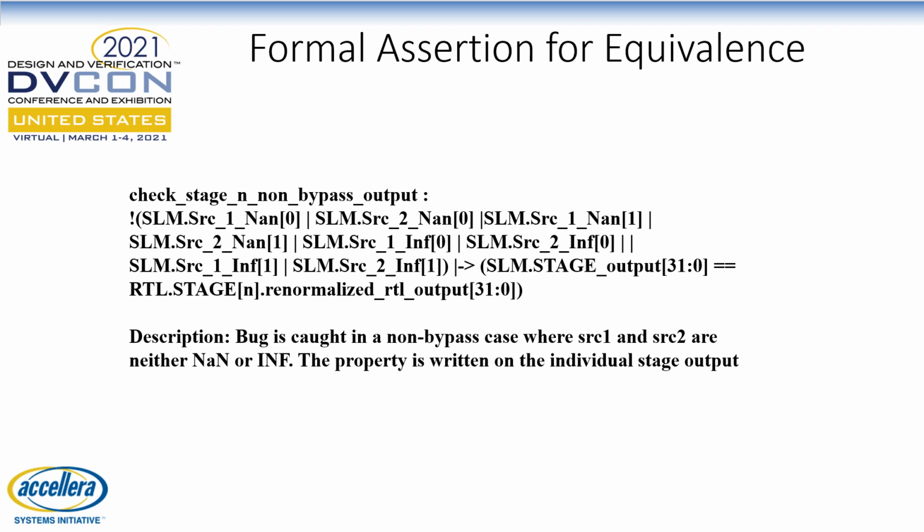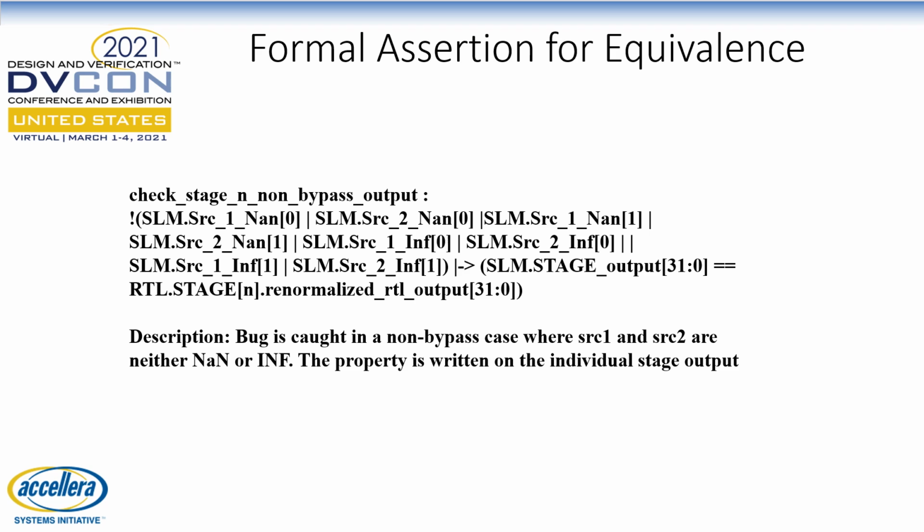The simple assertion said that for non-bypass cases, that is, both the inputs source 1 and source 2 are neither NaN nor infinity, which means we are not going through the multiplication stage, the output of C++ should match the output of the RTL for that particular stage. With this simple assertion, we were able to quickly find this particular corner case in which the bug was there.